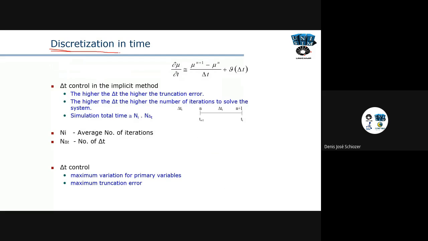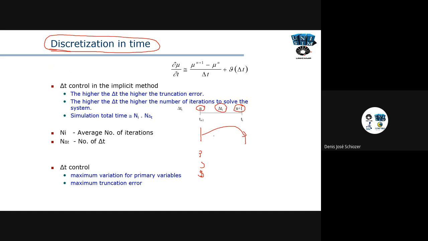And here I'm going to talk a little bit about discretization in time. Remember that we have seen this again. The time step will take us from the beginning of the time step until the end of the time step. So I know the pressure and saturations at the beginning of the time step, and solving the matrix, I'm going to find the solution for the next time step, n+1.